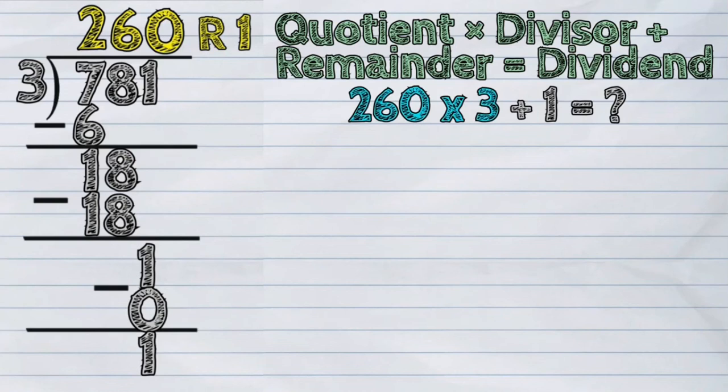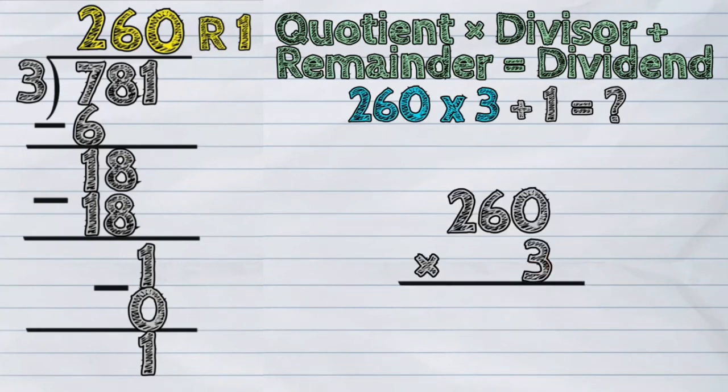Let's do the multiplication first. 3 times 0 is 0. Next, 3 times 6, the answer is 18. We write 8 in the tens column and regroup 1 in the hundreds place. 3 times 2, the answer is 6.